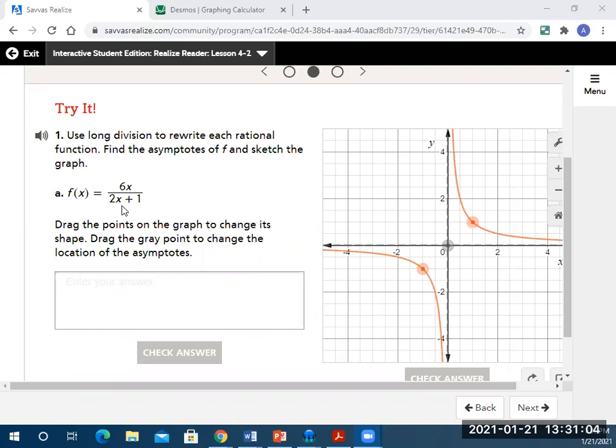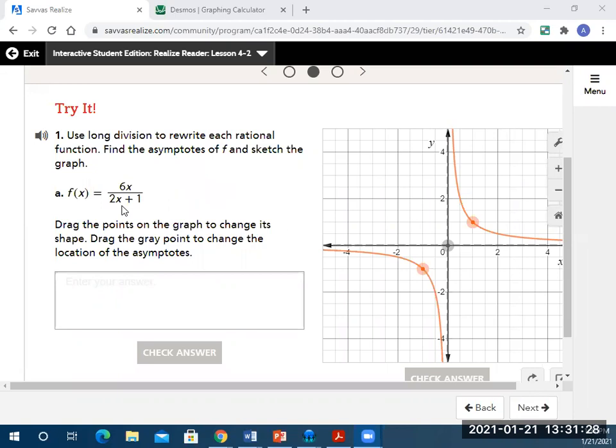What is the new function when you do long division? 3 over 2x plus, it's not plus 1 though. Oh wait, sorry, 2x plus 1 and then what?